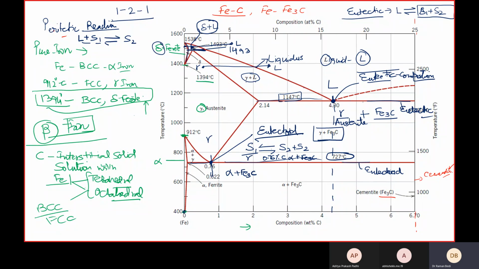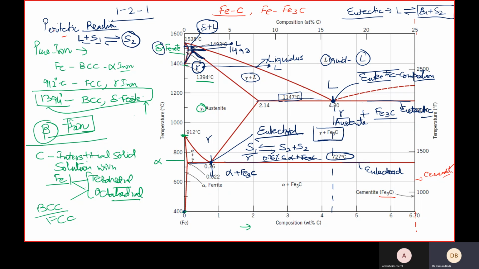On cooling, this is the point at which the peritectic reaction takes place. It transforms into the second solid phase, which is the gamma phase. So below this is all gamma. So delta ferrite plus liquid transforms into gamma austenite, and this is the third reaction, the peritectic reaction, which happens at 1493.